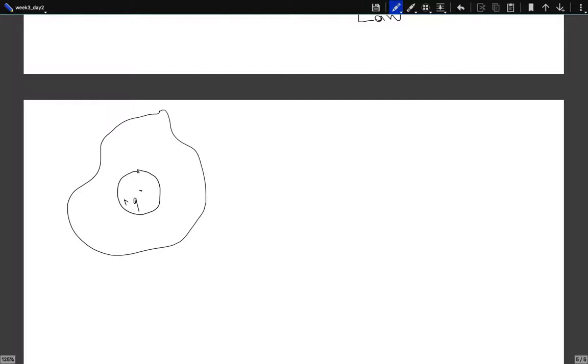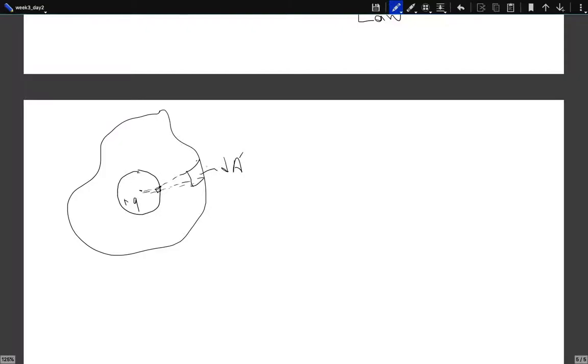Now let me look at a patch outside. Let me call it dA prime. If I just connect all the edges to my charge, there will be an analogous shape over here, a smaller one.